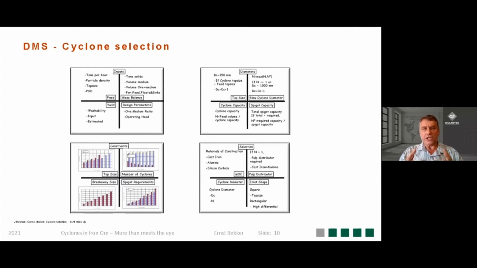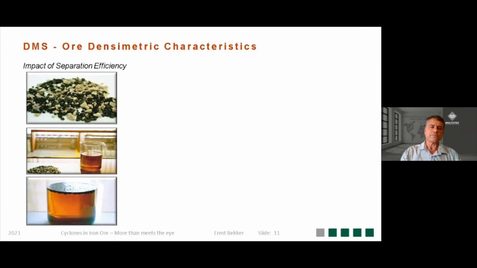This is, in a nutshell, what dense media cyclone selection entails. But if you've done your job correctly, if there's enough information, if the information was accurate, then nothing should really go wrong. The unit should perform adequately. However, sometimes there are other activities or other factors just to keep in consideration.